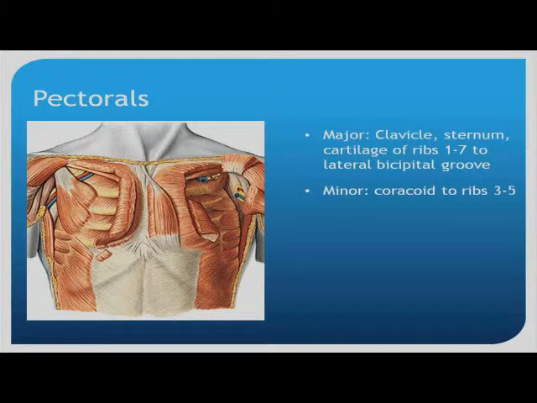The minor, though, sometimes is actually more clinically important, from the coracoid process down to ribs 3 through 5. You can see in this picture how that neurovascular bundle sits directly underneath that, and you can imagine how if that muscle was hypertonic, it's going to compress that neurovascular bundle right up against the rib cage.